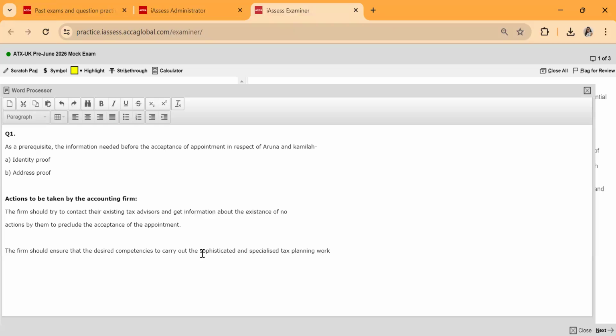Okay, the firm should ensure the desired competencies to carry out the sophisticated and specialized tax planning work required by Aruna and Kamila is existing at the firm.